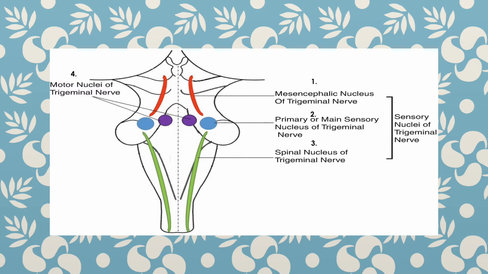Then you can see the main sensory nucleus in the upper part of the pons, and mesial towards the midline you can see the motor nucleus labeled as 4. On the caudal end you can see the spinal nucleus of the trigeminal nerve, caudal to the main sensory nucleus, and it continues with the substantia gelatinosa of the spinal cord.